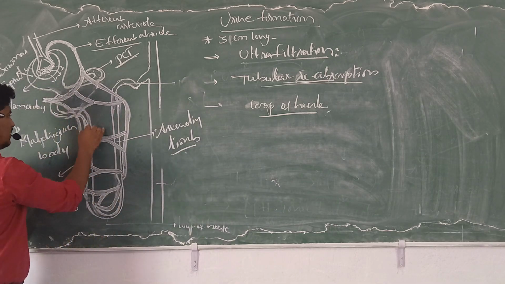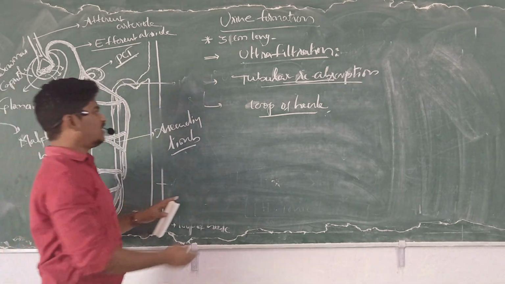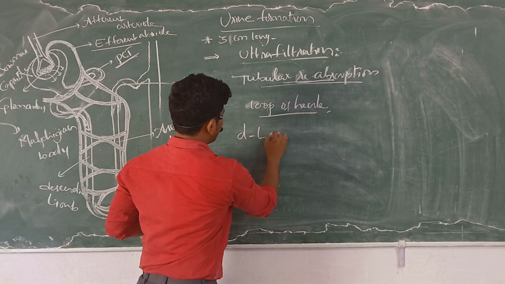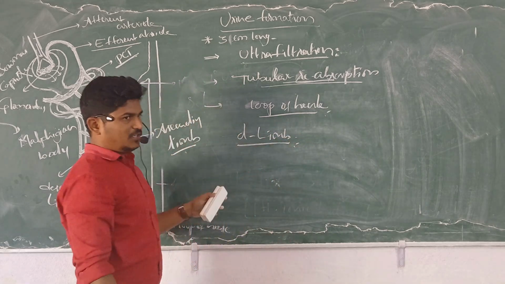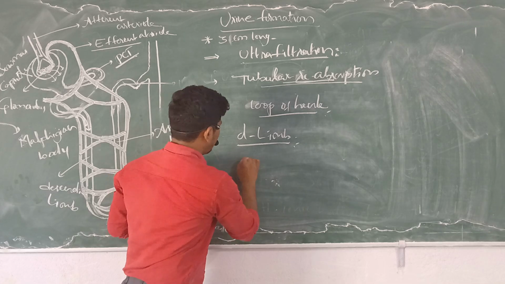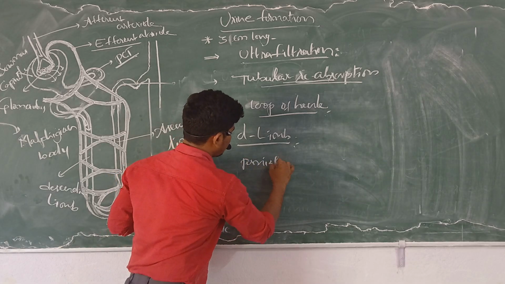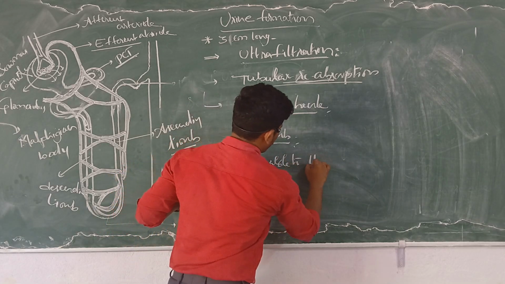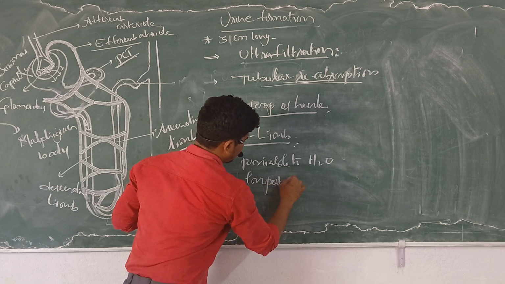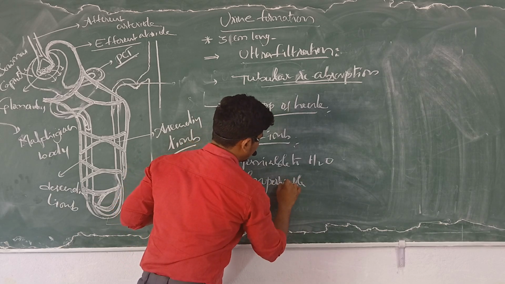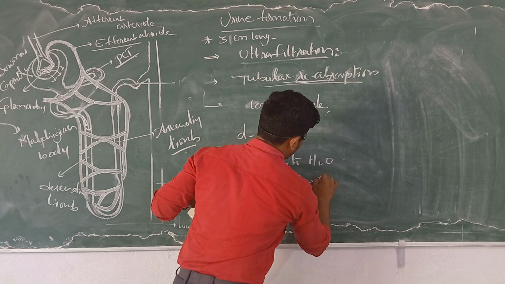The descending limb is permeable to water and impermeable to electrolytes.